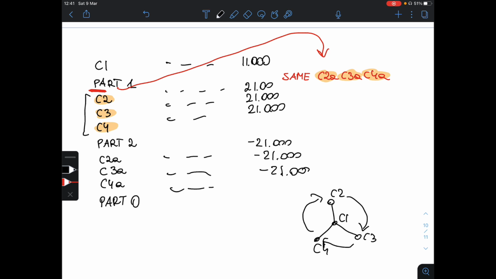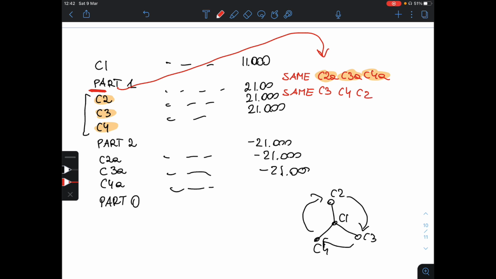The order here is C2, C3, C4. So now in our mind, we're rotating that. Instead of SAME C2A, C3A, C4A that was relating two parts to each other, now we're going to relate the same fragment to itself just by introducing this rotation. We just rotate it in mind and we write, instead of C2, C3, C4, let's say C3, C4, C2, and it's done.